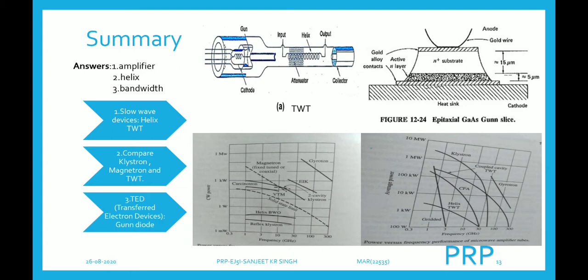And thirdly, we have the transferred electron device, the Gunn diode, a structure that is not a conventional diode but is made of n-type material, which is favorably biased in such a way that the electron current taking time to traverse from one side to another is such that it will be lagging by 180 degrees.